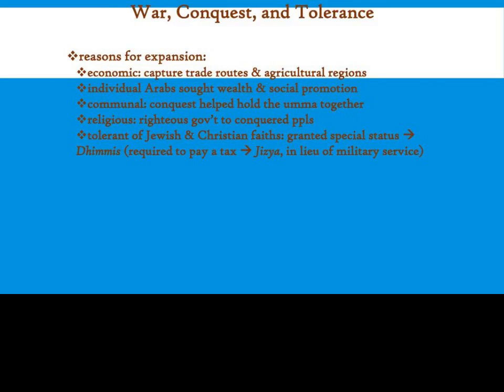So, if conversion was encouraged, the empire, like I said, respected Jews, Christians, and Zoroastrians, and even referred to them as fellow people of the book. These groups were granted this special status, and in lieu of military service, they just had to pay this tax. Now, many dhimmi did serve in the military, but the tolerance allowed these faiths to continue being practiced.